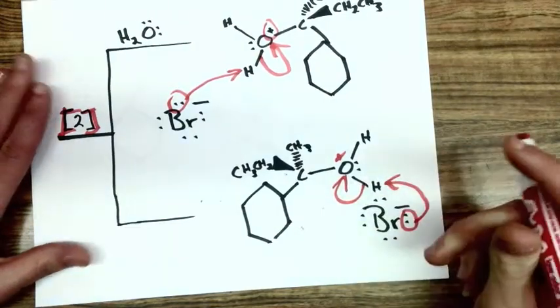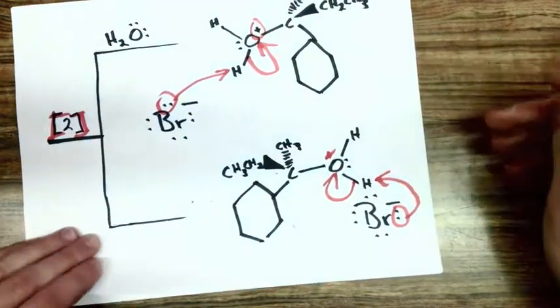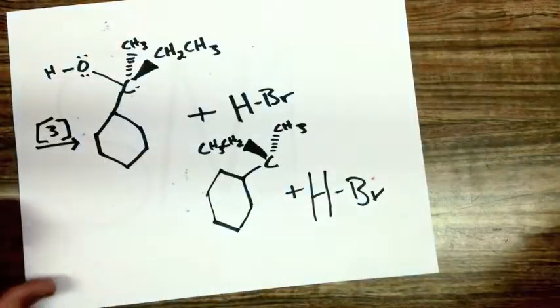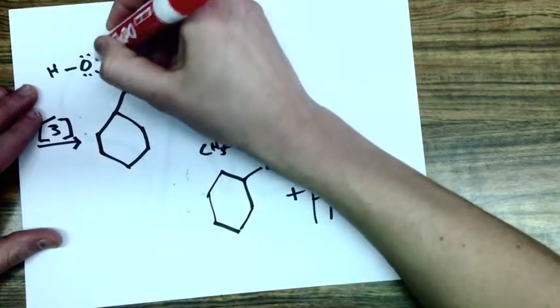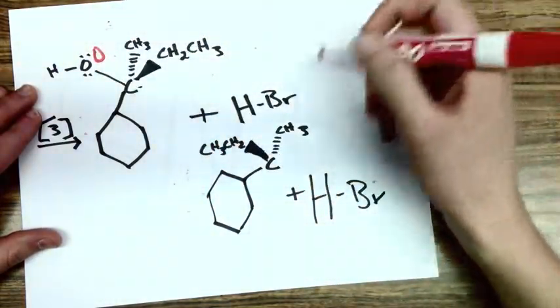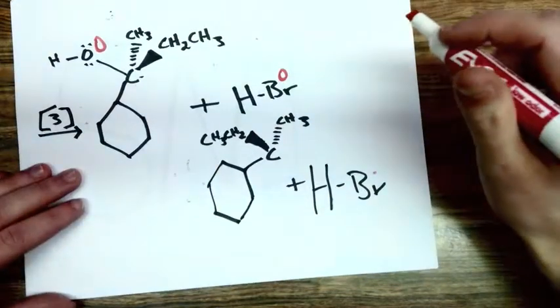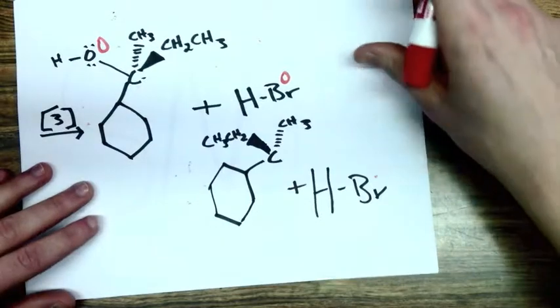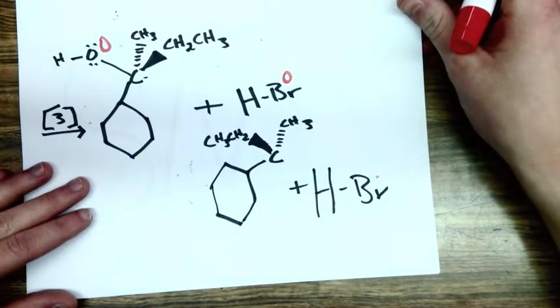And then that's going to eventually neutralize everything, as we see here, where we have a neutral atom here with zero charge, and then the bromine's also neutral. So they're two different products.